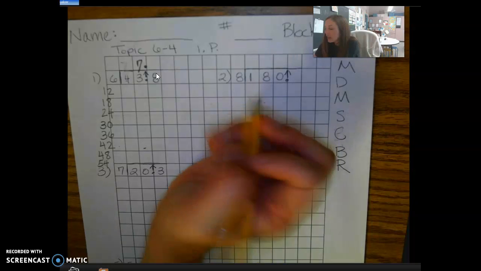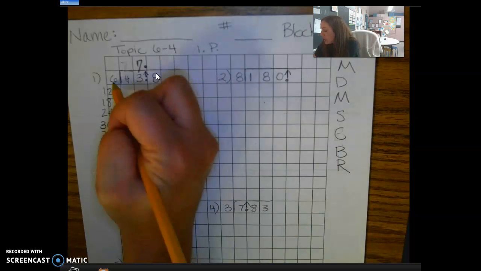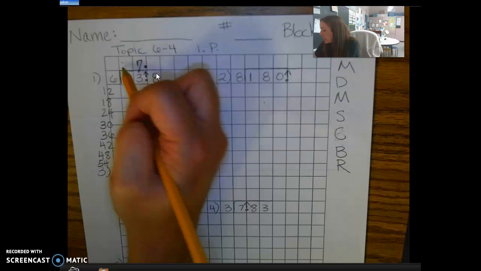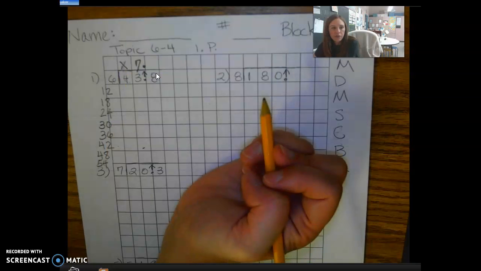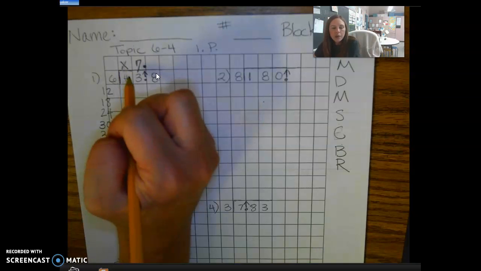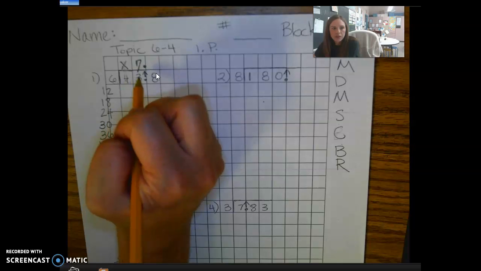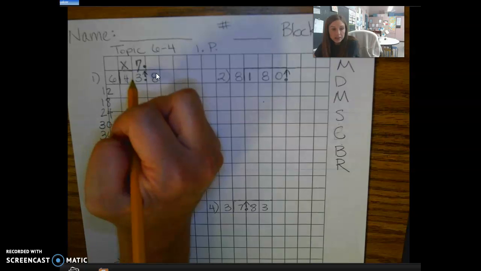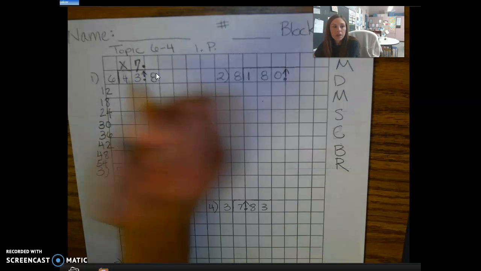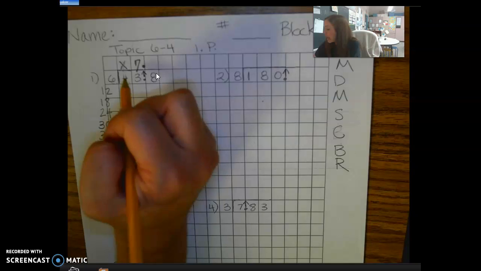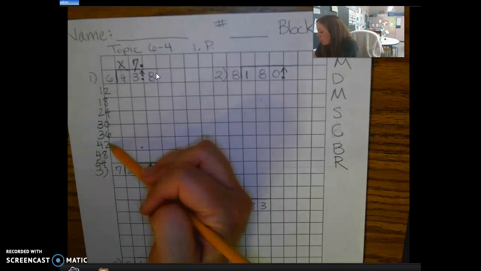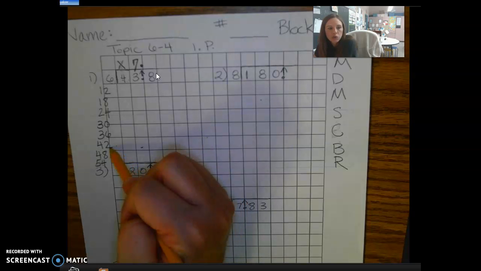That's why I like for us to go, can 6 go into 4? No, it can't. So what do we put above the 4? We need to put an X above the 4. That X will help us save our place value. You can also put a 0 because it would be the same. So now we know that 6 goes into 43 7 times because we're going to use that multiple 42.